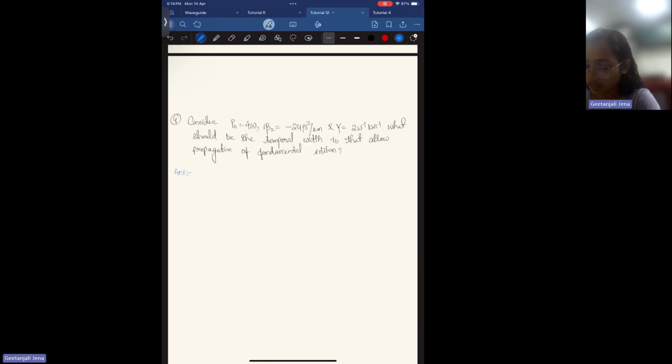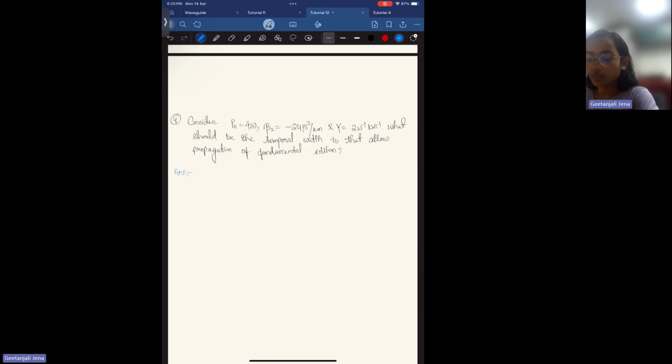Consider P0, the peak power of the pulse, given as 4 watt, and beta 2 is minus 24 picosecond squared per kilometer. The nonlinear coefficient gamma is 2 per watt per kilometer. What should be the temporal width T0 that will allow propagation of a fundamental soliton?